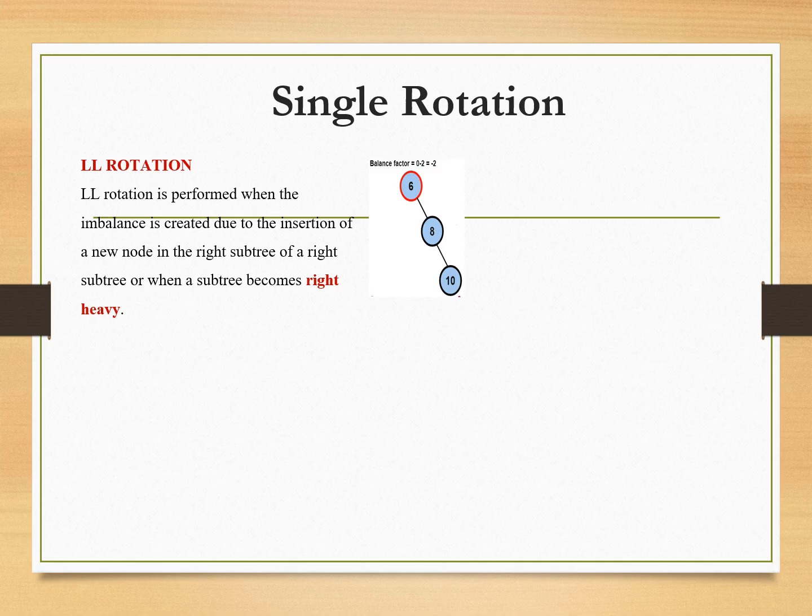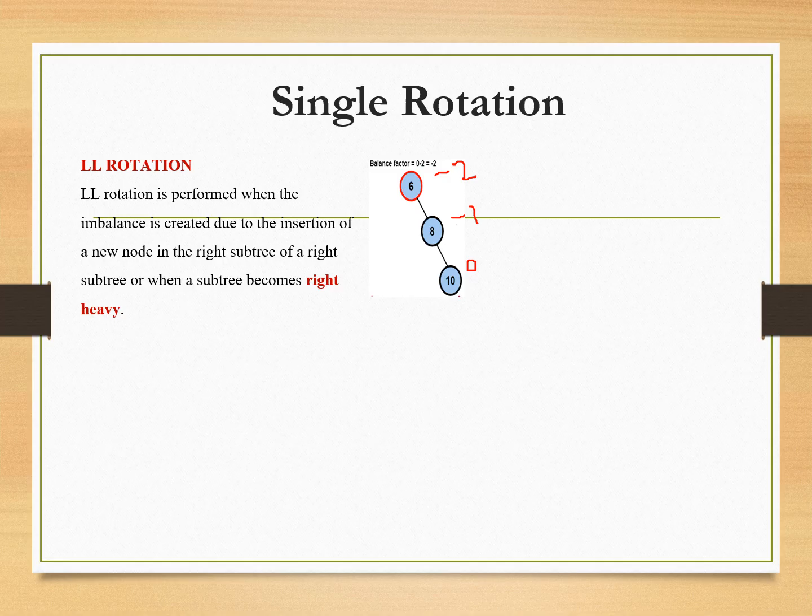Now check for the balancing factor. For node 10 it is 0. For node 8 it is 0 minus 1, so minus 1. For node 6 it is 0 minus 2. It is minus 2. The balancing factor is not 0, 1, or minus 1. A value of minus 2 has come.